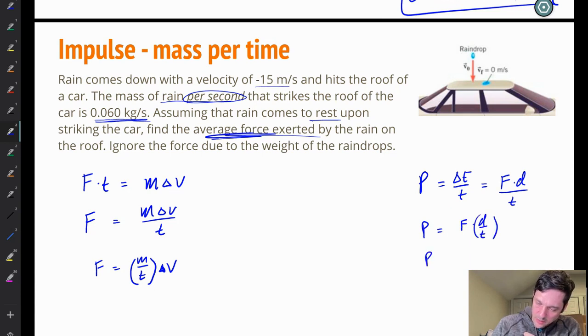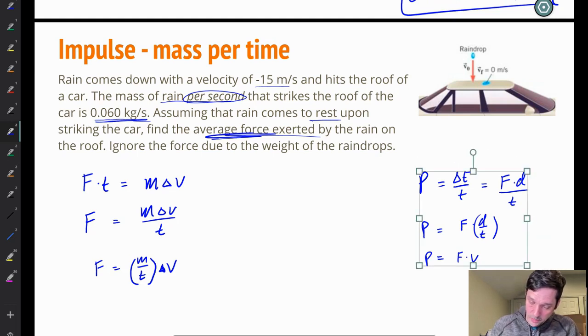And we'd say that power is equal to force times velocity. So it's not exactly the same rearrangement, but it's a clever rearrangement to solve for an interesting thing, or to look at this from a different point of view.